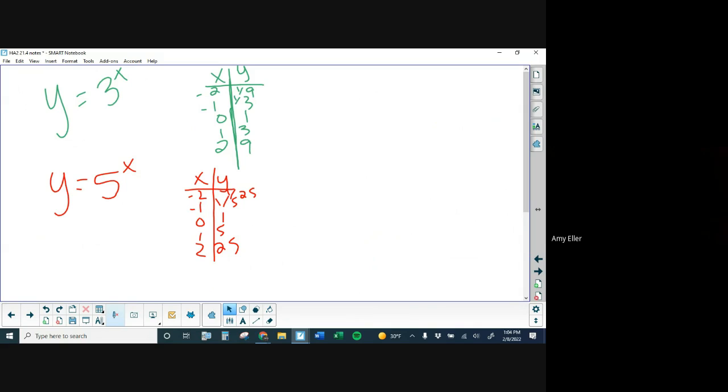These are some of our parent functions. There's actually an infinite number of exponential parent functions. Y equals 6 to the x, y equals 7 to the x, y equals 8. There's a bunch of them. It's not like linear, where there's one parent function, quadratic, cubic.